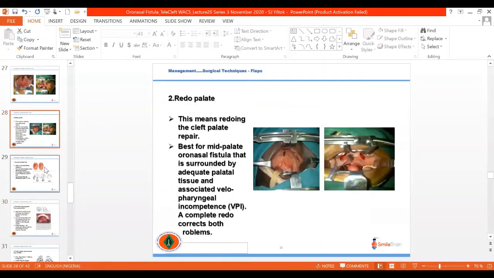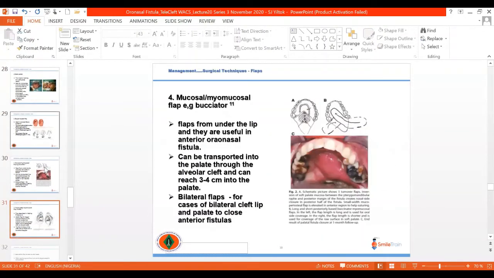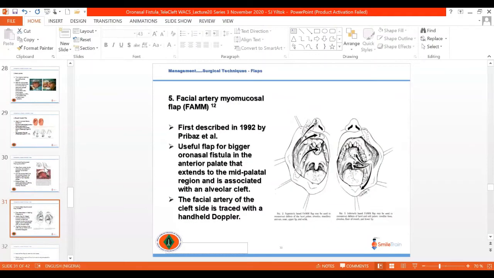So you have the fifth one, which is a facial artery myomucosal flap. It's a versatile flap and can be raised to close both anterior and posterior defects. In some situations, even some conditions in the floor of the mouth, this flap can be used for closure.